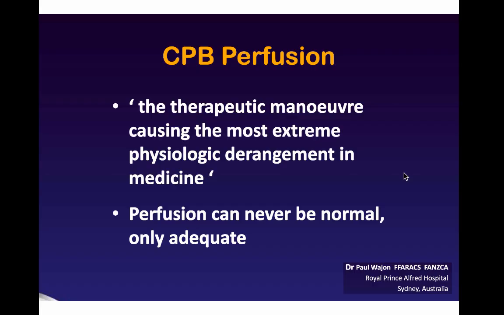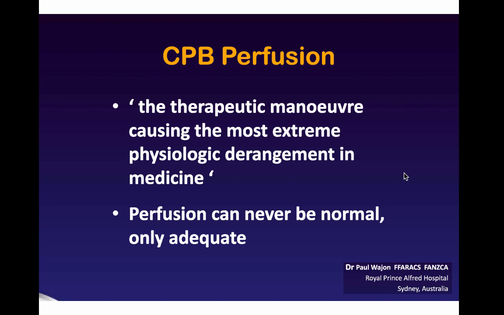Well, it's been stated in the past that cardiopulmonary bypass perfusion is the therapeutic maneuver causing the most extreme physiologic derangement in medicine. If you think about it, we are mechanically supporting the heart and lungs.